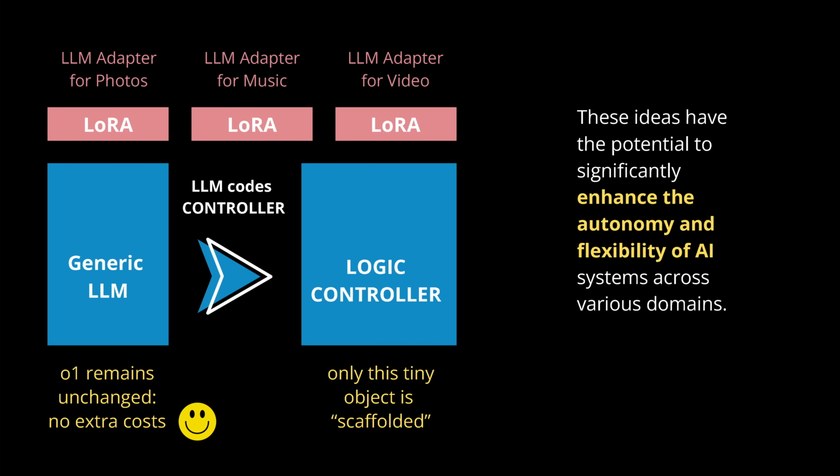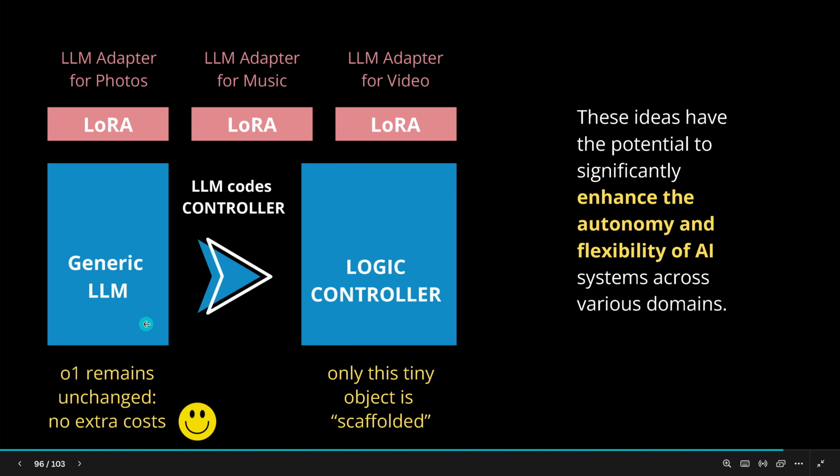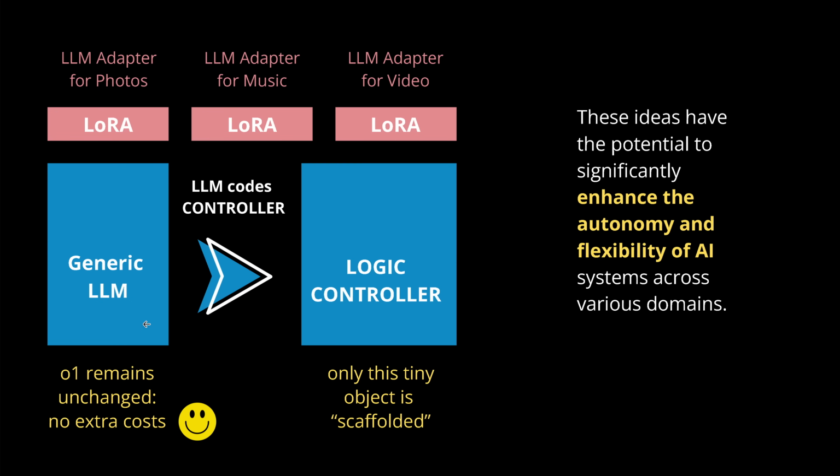Will it be Microsoft? Will it be OpenAI? Will it be Google? Will it be Meta? I don't know, but everything more or less seems to converge to a certain architecture where you have a generic LLM that is so cost effective you don't have to have extra costs for if you're Microsoft or if you're OpenAI, and you can do, or if you want, export all the learning not only for task-specific adapters that we know for 2 years now, but you can do this, if you want, the same idea here, for a logic controller that is scaffolding here.